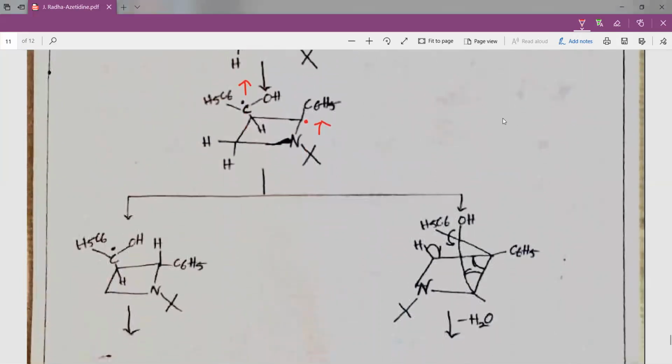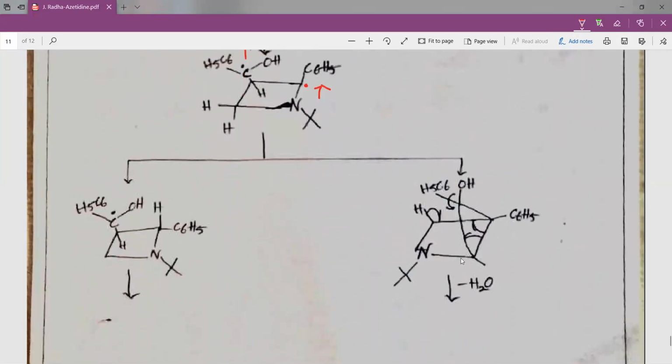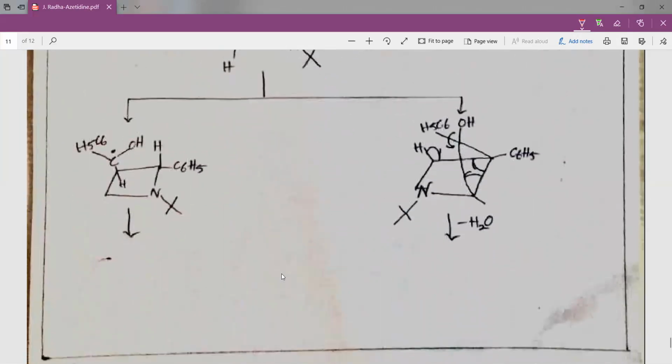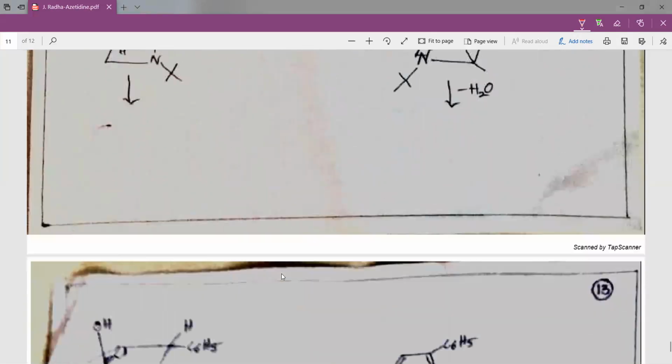These are the intermediates. These two are the intermediates after rearrangement of the singlet biradical, which are then converted into the substituted pyrroles.